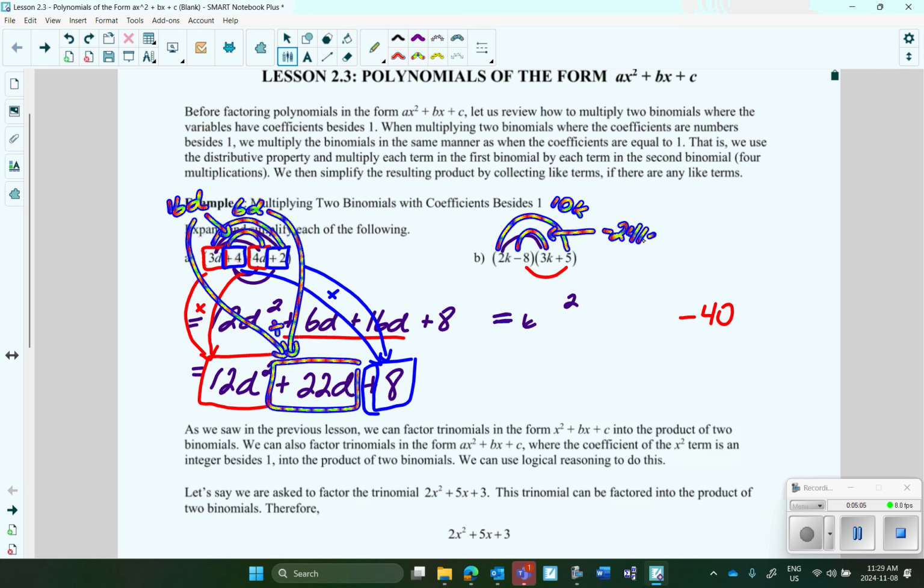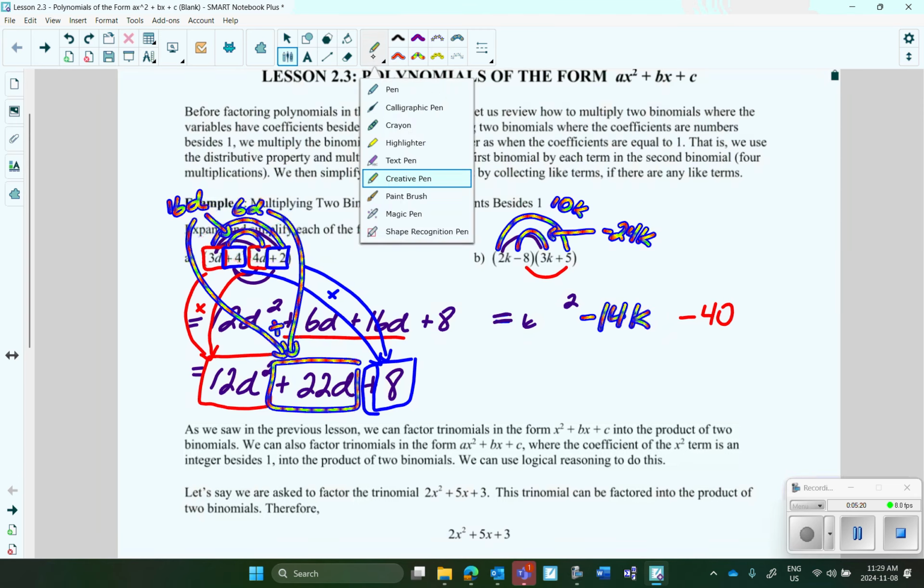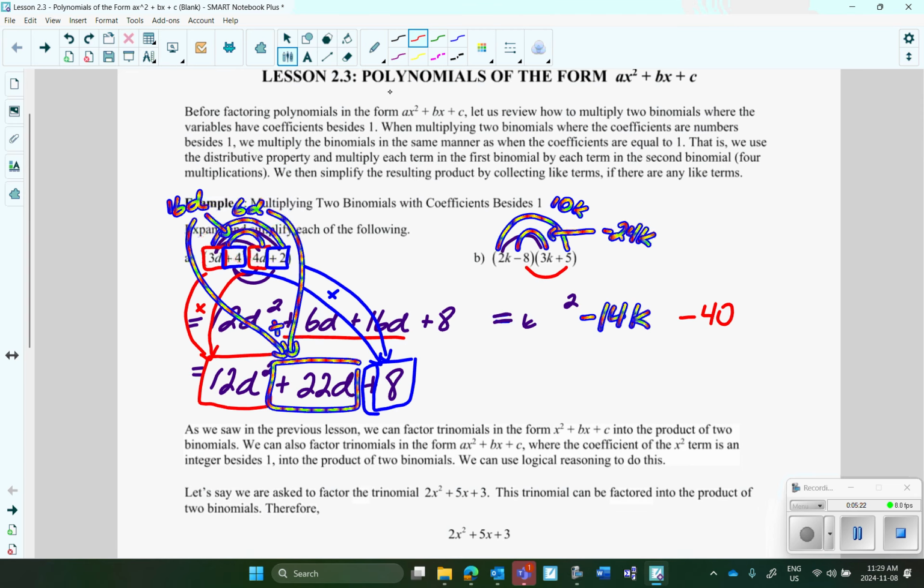which gives you minus 14k. So notice we were able to get to the answer right away.